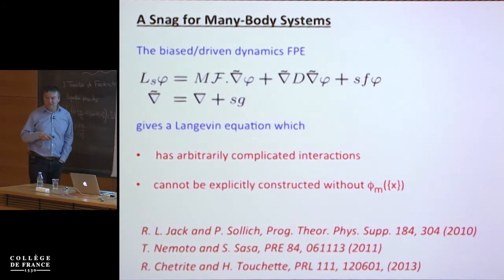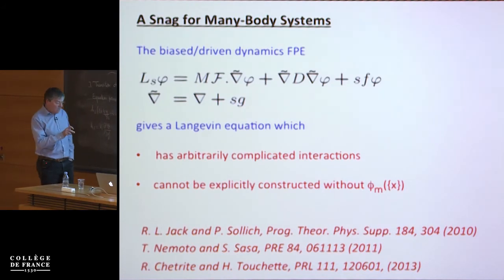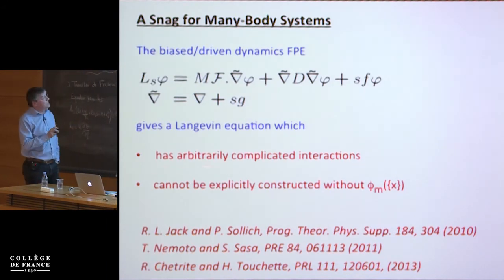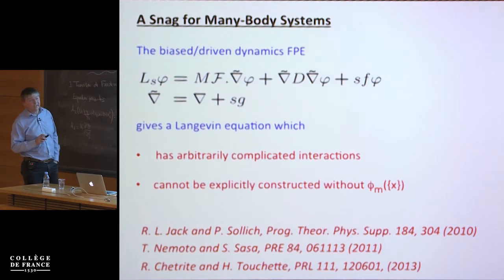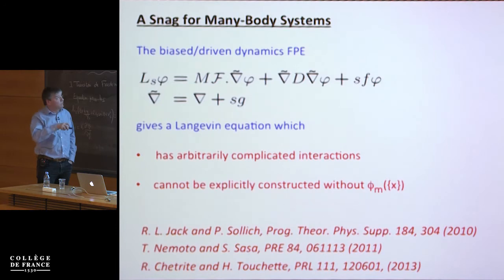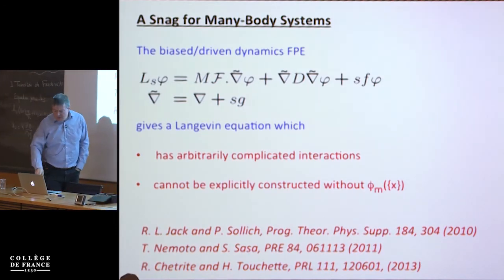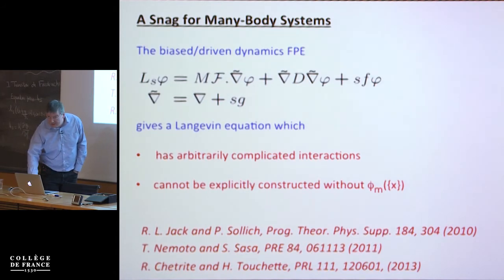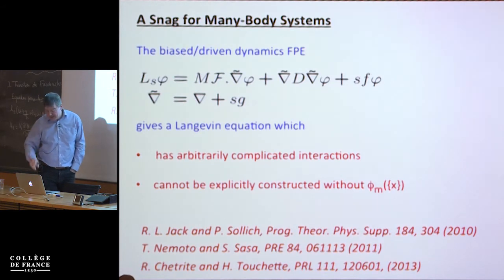So for one particle in one dimension, there's a limit to how complicated you can be, but for millions of interacting particles, this doesn't look promising. And in particular, I can't explicitly construct it without knowing this eigenfunction of the time evolution operator, effectively knowing the stationary state of the system explicitly already. So that means addressing this question of constructing the biased dynamics explicitly is not going to be a helpful thing to do.